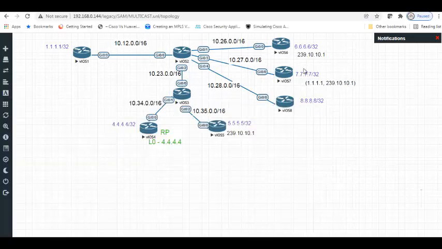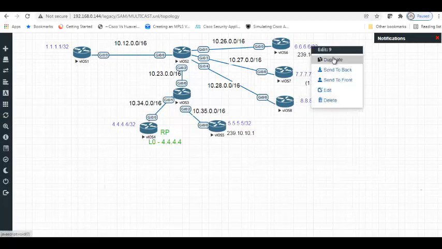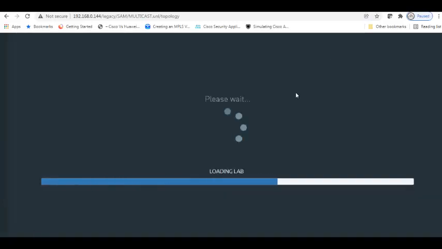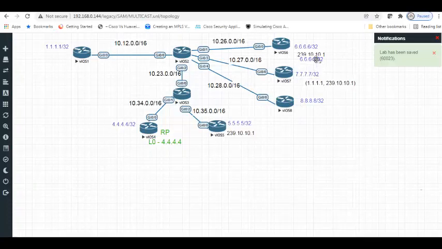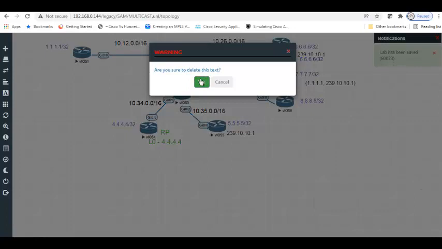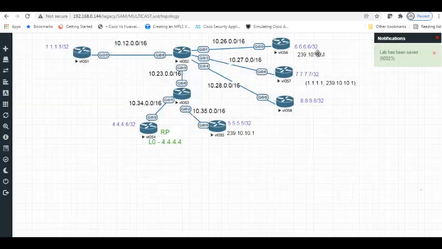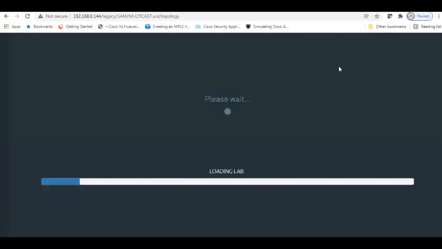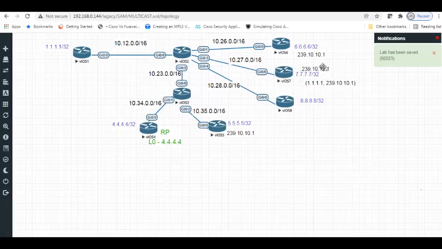What I'm going to do is another test. I'm going to add another multicast address itself. Instead of 239.10.10.10, I'm going to say 239.20.20.2.